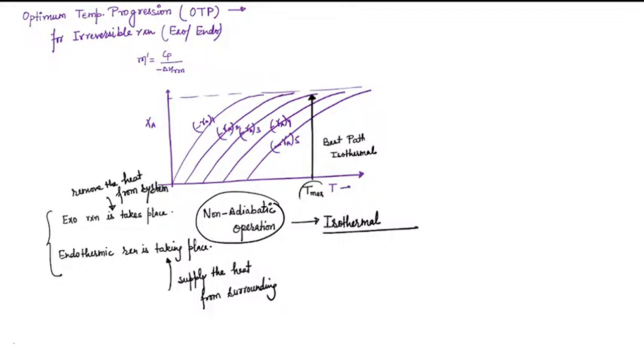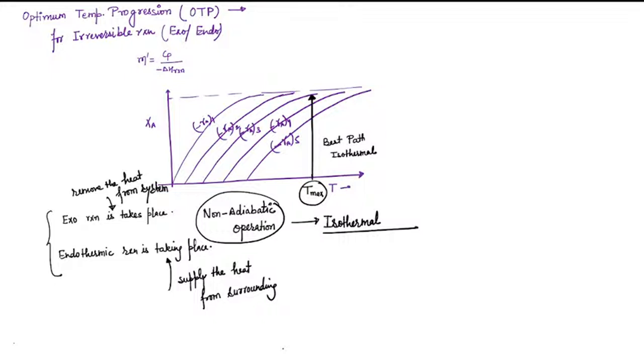How will you decide the T maximum temperature? Who will tell me? Sir, for an irreversible reaction, either exothermic or endothermic, the optimal temperature path is the isothermal path. Maximum means the reaction will take place from the start to the exit of the reactor at this maximum temperature. Sir, for an exothermic reaction, how is it possible?